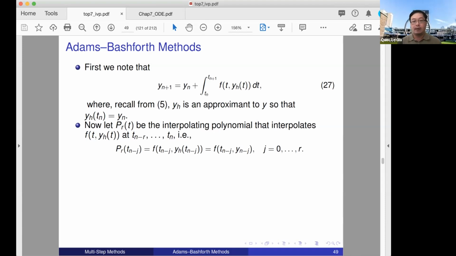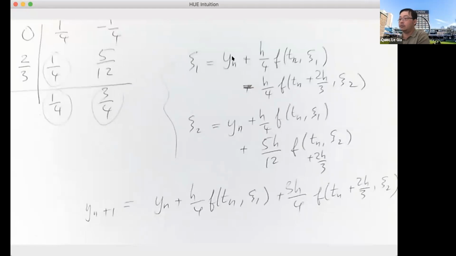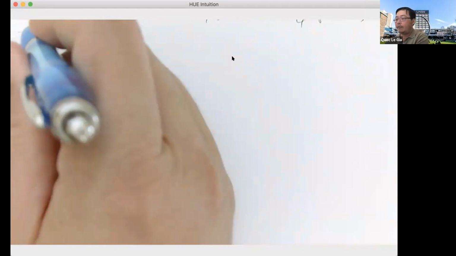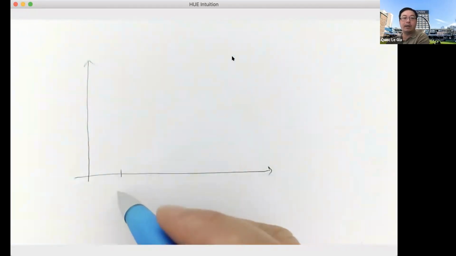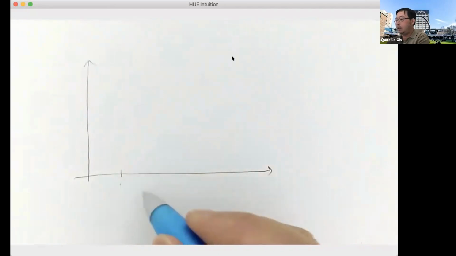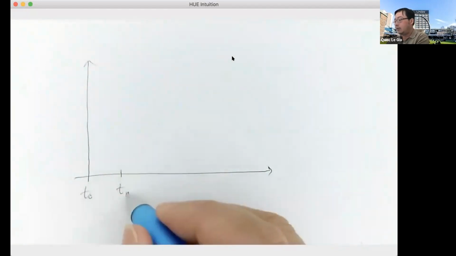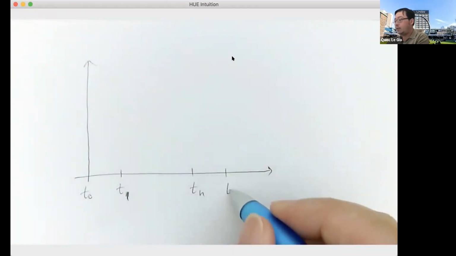Suppose I have a function, and this one is my T0 and T1, so maybe Tn is here, and Tn plus 1 is here.